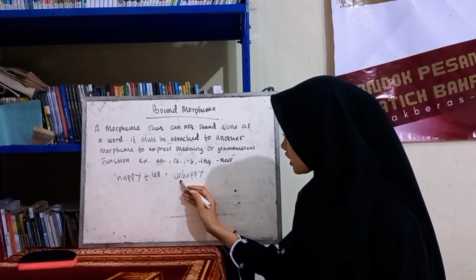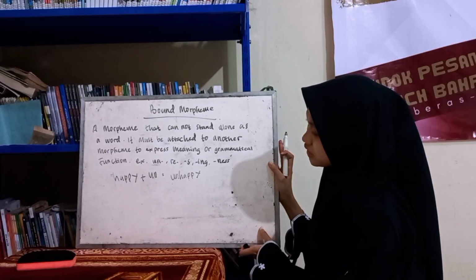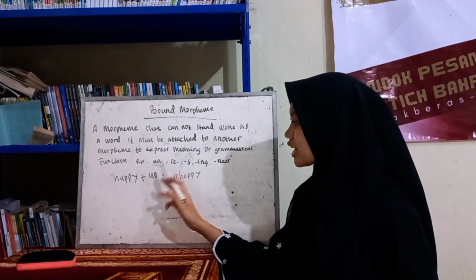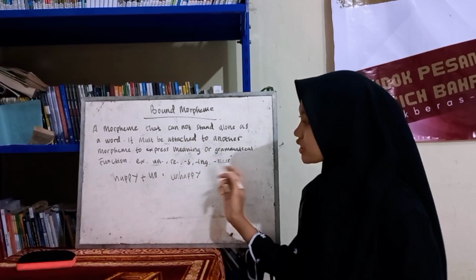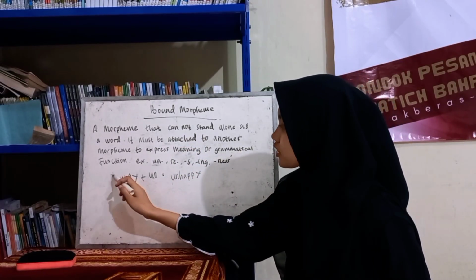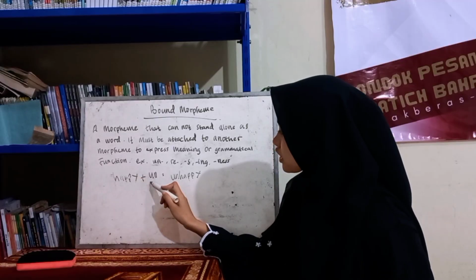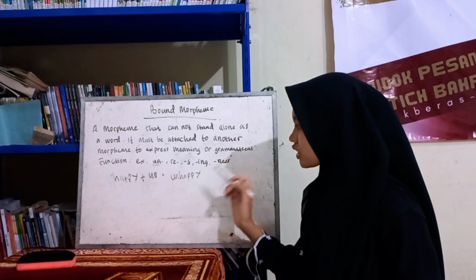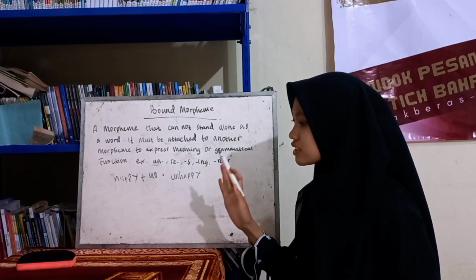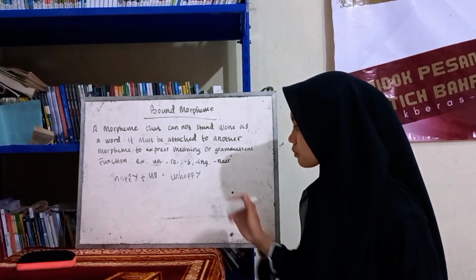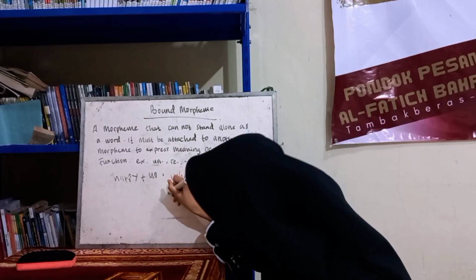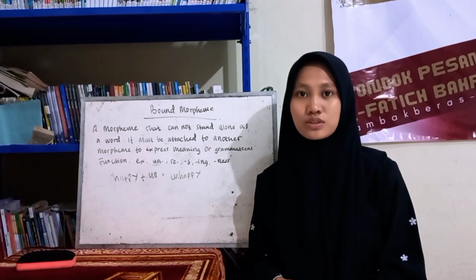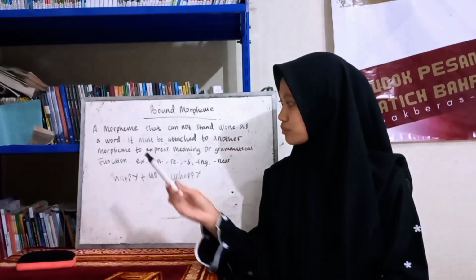Then we come to unhappy. The meaning of unhappy is not happy. Then un cannot stand alone without happy. If there is no happy here, un cannot stand alone and doesn't have a meaning.